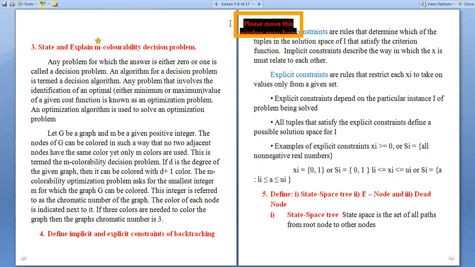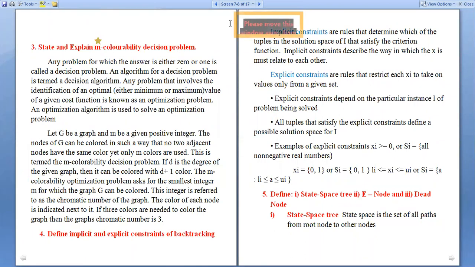Any problem that involves the identification of an optimal value, either minimum or maximum, of a given cost function is known as an optimization problem. Generally, optimization algorithms are used for solving optimization problems.